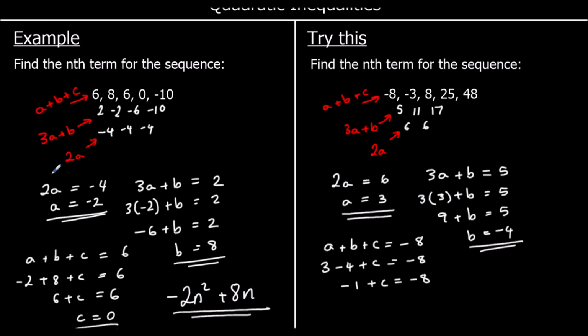Plus 1 to both sides. So c must be negative 7. So we've got a is 3, 3n squared, b is negative 4, minus 4n, c is negative 7, minus 7. So it's 3n squared minus 4n minus 7.